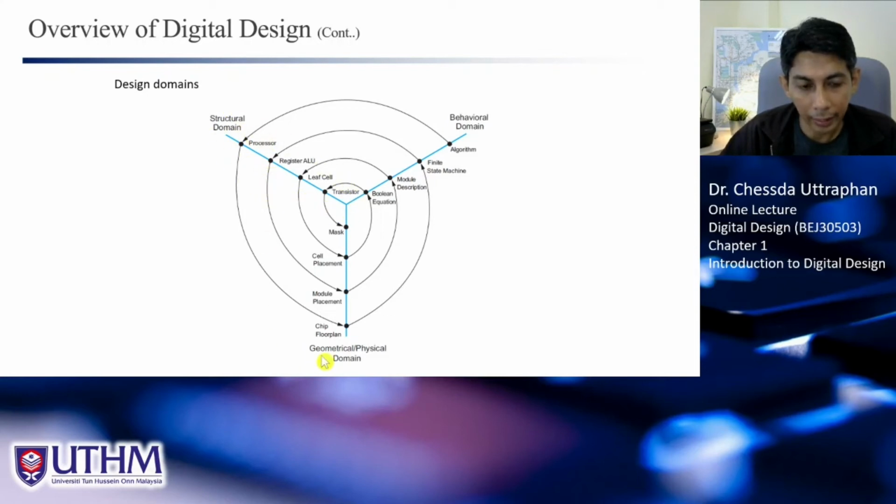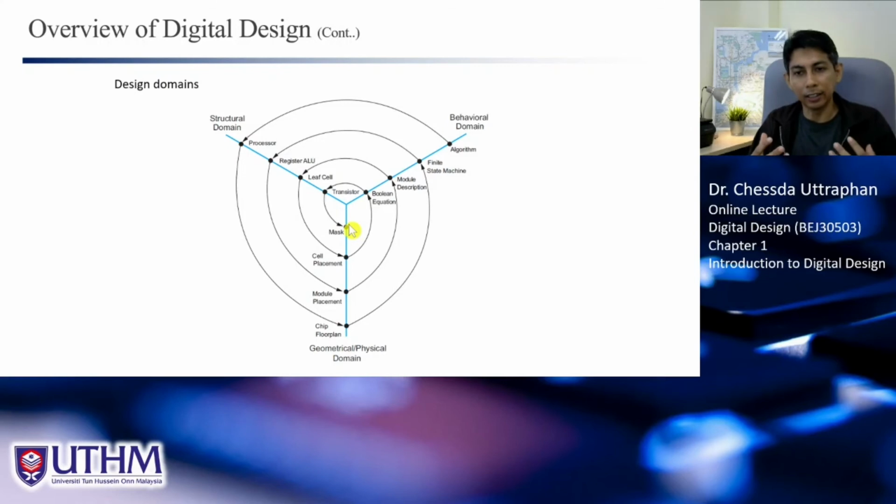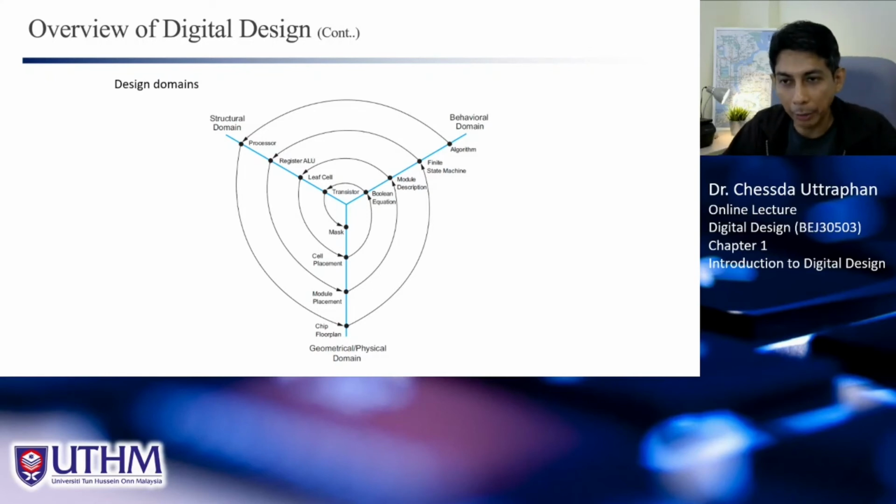The last domain is the physical domain. The physical domain is the actual structure, the actual circuit on the silicon chip. So it is the real chip. Just like when you design a circuit on a printed circuit board, PCB, you need a schematic.